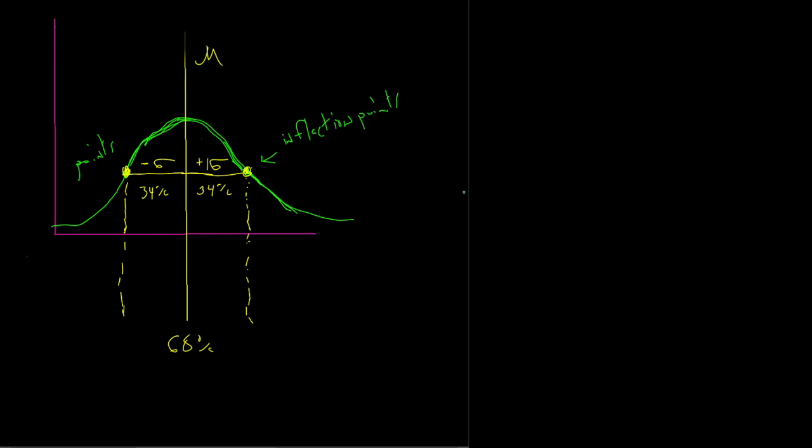Well, if I go a little further out by one more standard deviation, because the standard deviation is becoming the thing we measure with, and so we're measuring in standard deviations, I get 13.5% here and 13.5% here.